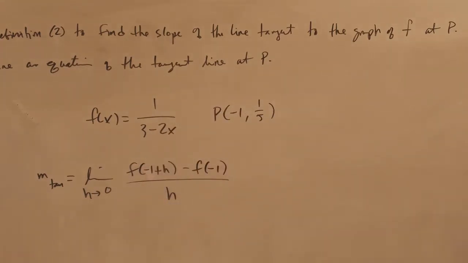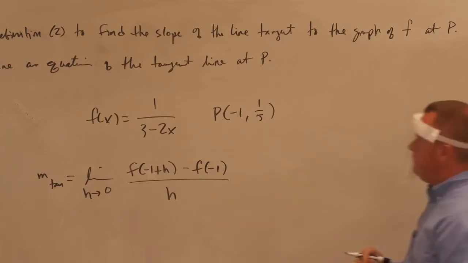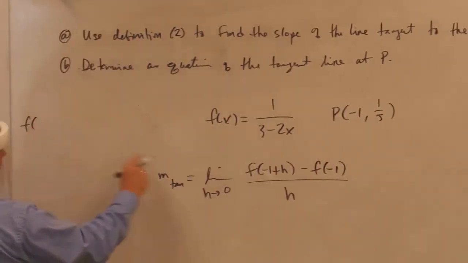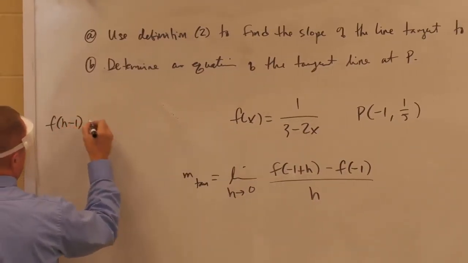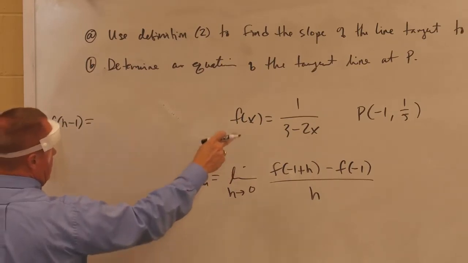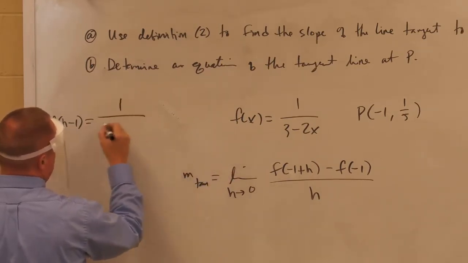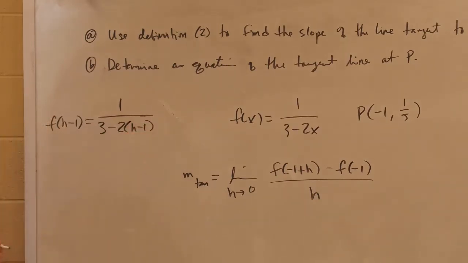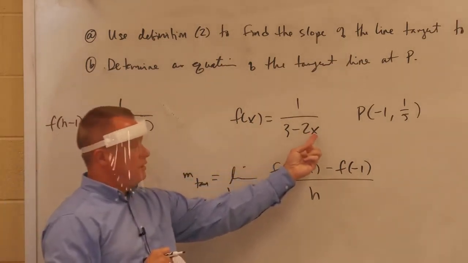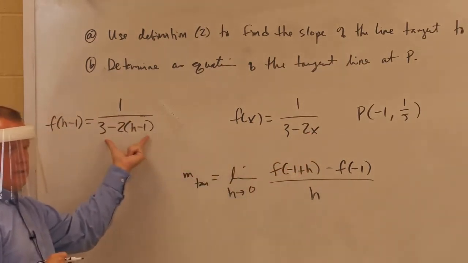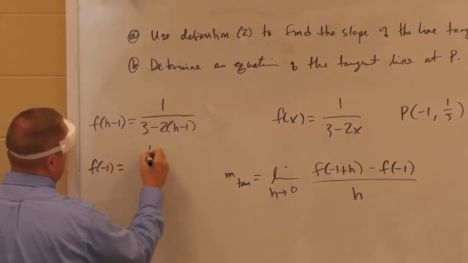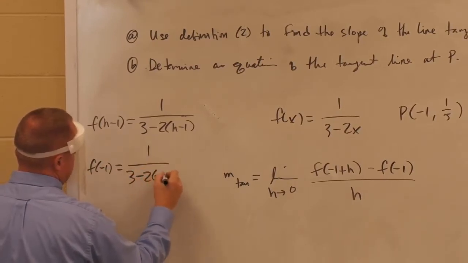Because we're looking at a specific point. Again, if I go over here on the side, I'm going to rewrite negative 1 plus h as h minus 1. If I plug h minus 1 into the function, I get 1 over 3 minus 2 times h minus 1. So this just goes into the function right there. F of negative 1 is 1 over 3 minus 2 times negative 1.